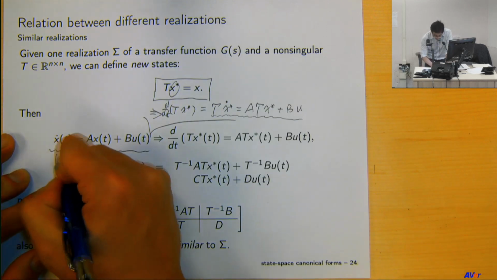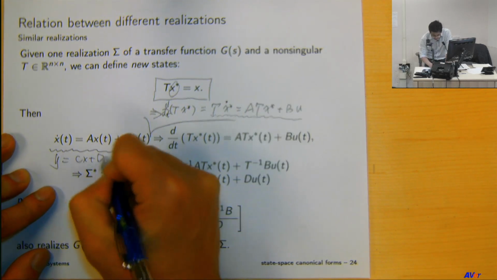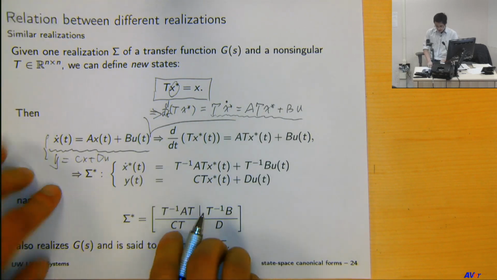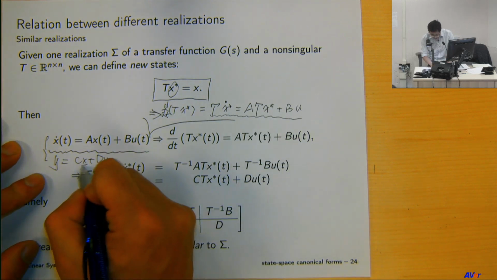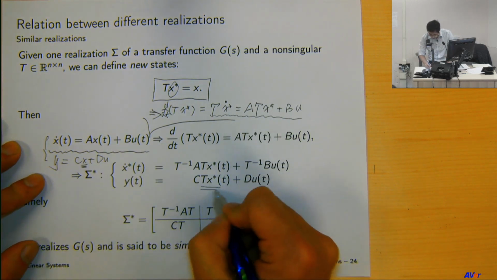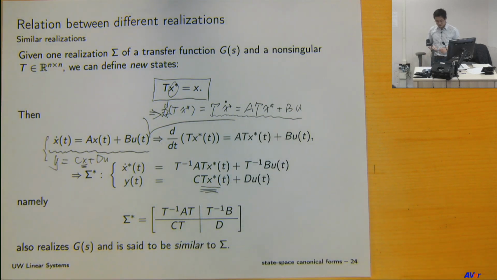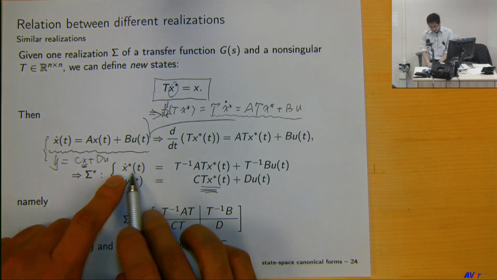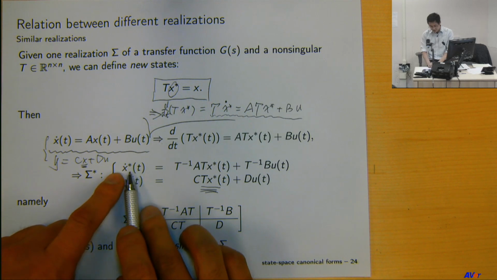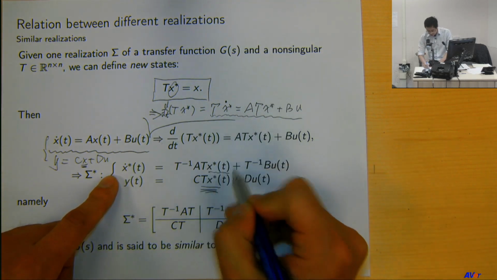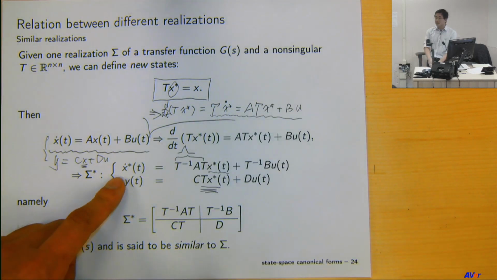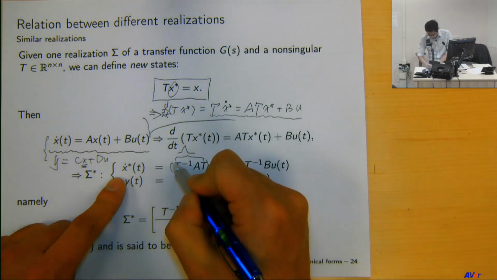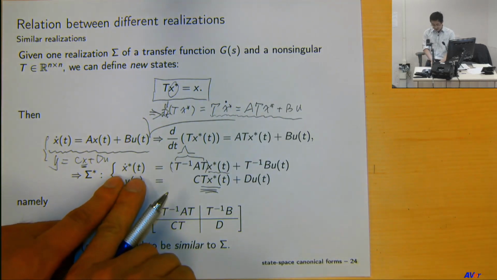Similarly, we have y equal to Cx plus Du originally. In this new form, we just replace x with T times x star. Now, this talks about how the derivative of x star depends on itself. Let us call this matrix lambda. This is the new A matrix for this choice of states.